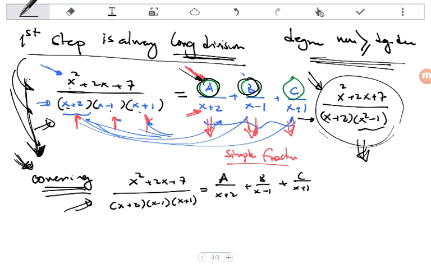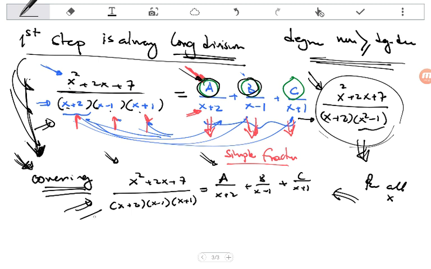Now this expression is equal to this expression for all x. Any x that is substituted in the left hand side must give the same result in the right hand side. This is what is meant by this identity or this equation.